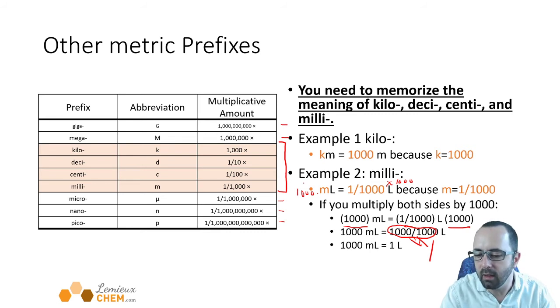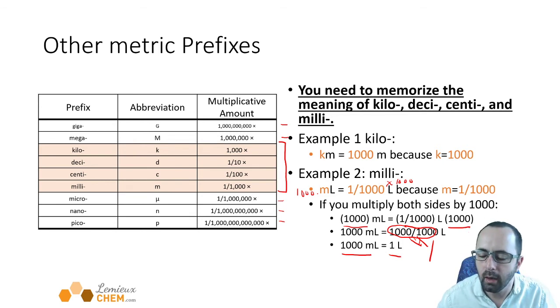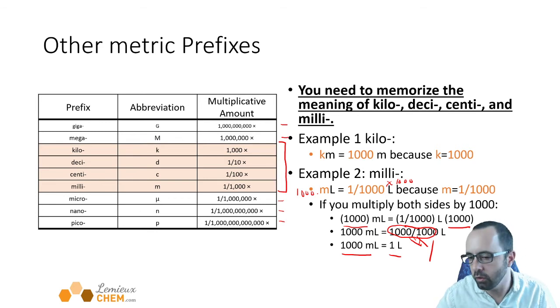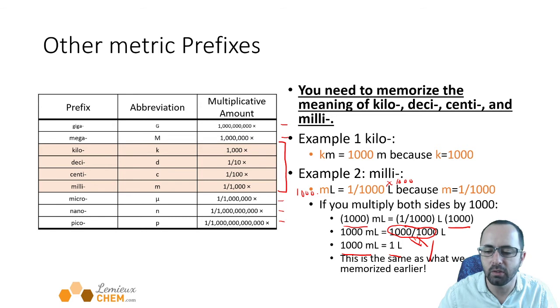So I'd say it's probably easier to just memorize that 1,000 milliliters fit in 1 liter, or 1,000 millimeters fit in 1 meter. But you can do this math too if you have the chart, and that will get you the same result. So this is the same result as what we memorized earlier.